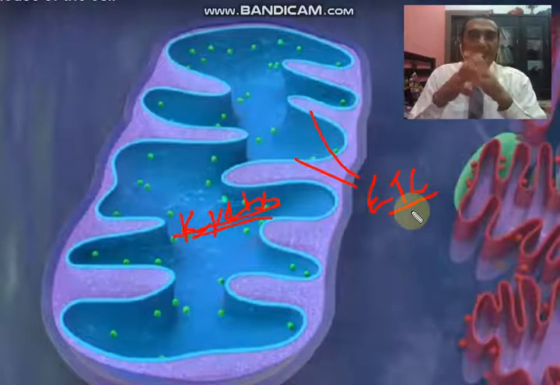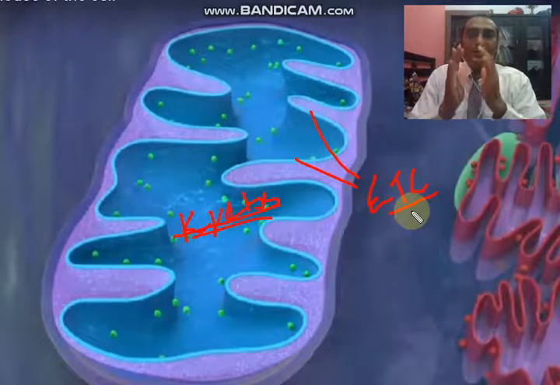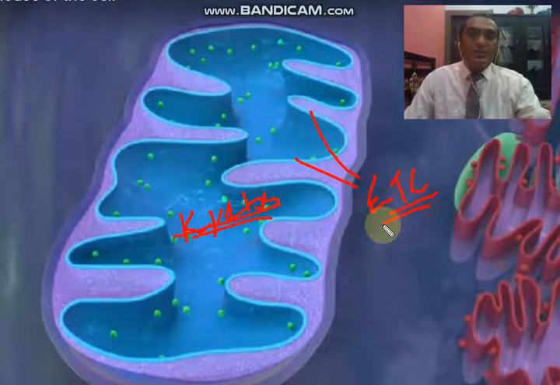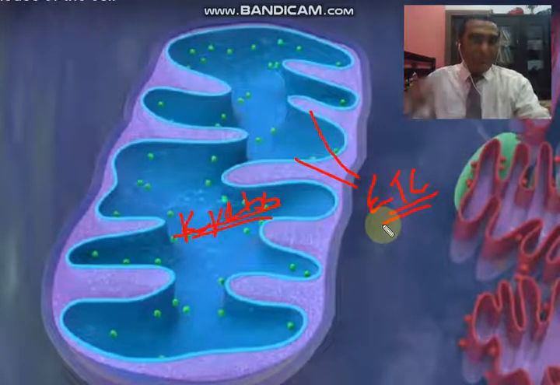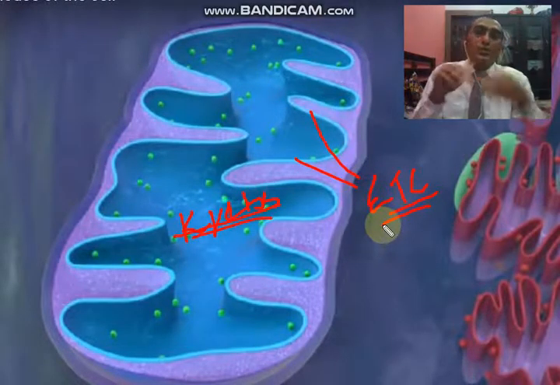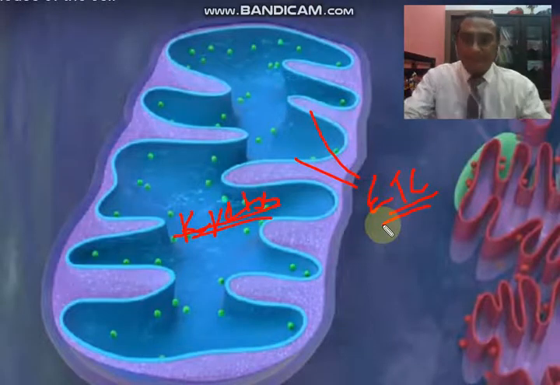The Krebs cycle occurs inside the central cavity of the mitochondria, while this process is known as the ETC. The more important processes are the Krebs cycle and ETC because both produce a huge amount of energy, but the more energy producing point is known as the ETC.